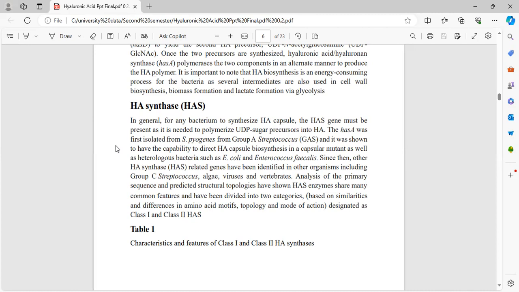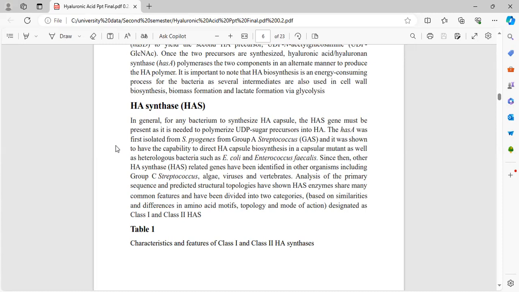The hyaluronic acid synthase was first isolated from S. pyogenes, group A Streptococcus, and it was shown to have the capability to direct hyaluronic acid capsule biosynthesis in the capsular mutant as well as heterologous bacteria such as E. coli and Enterococcus faecalis.